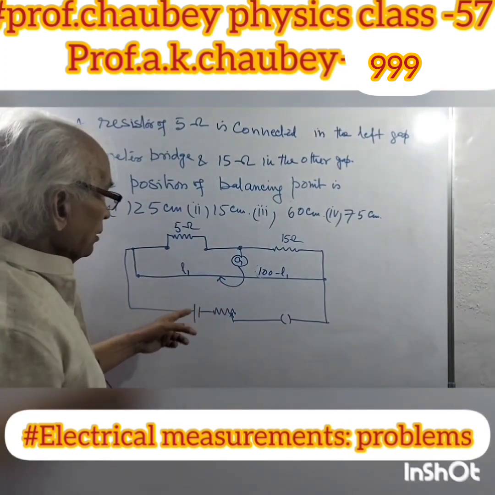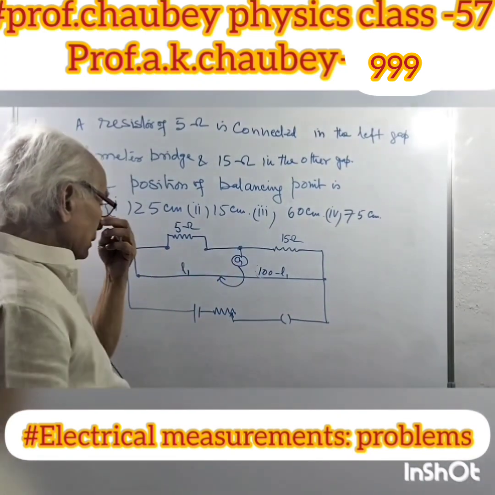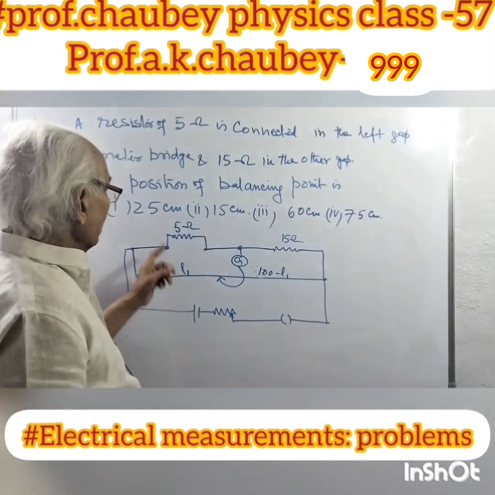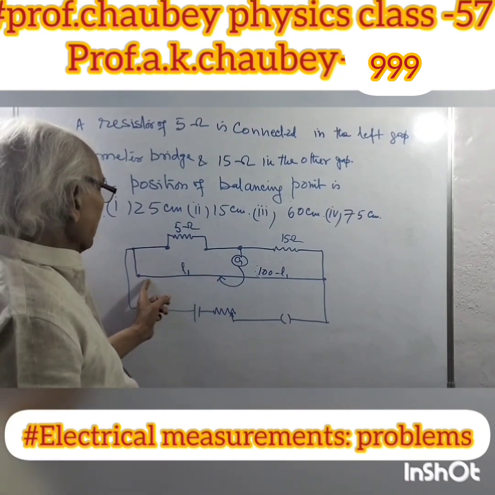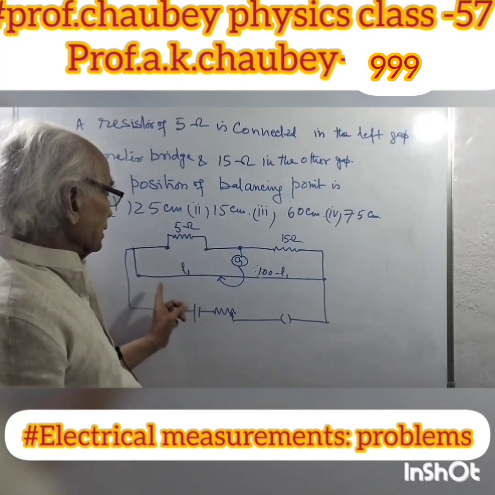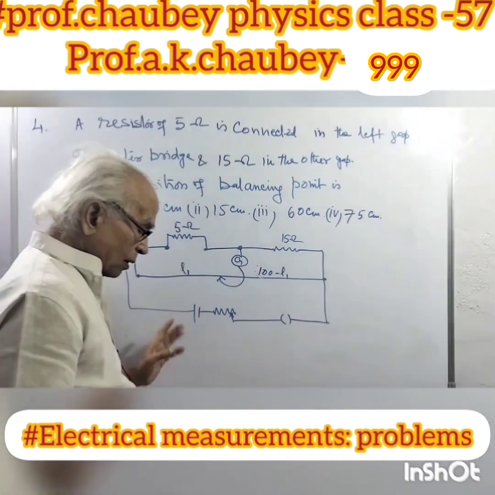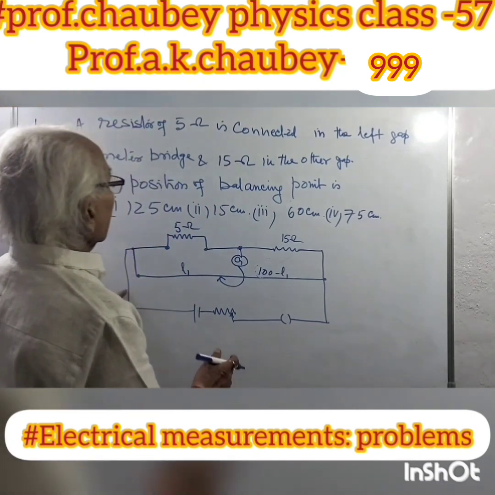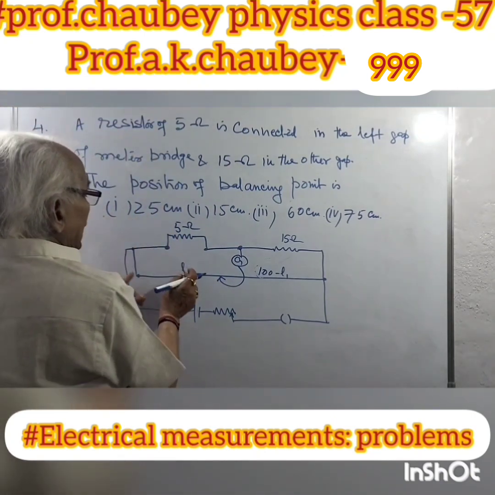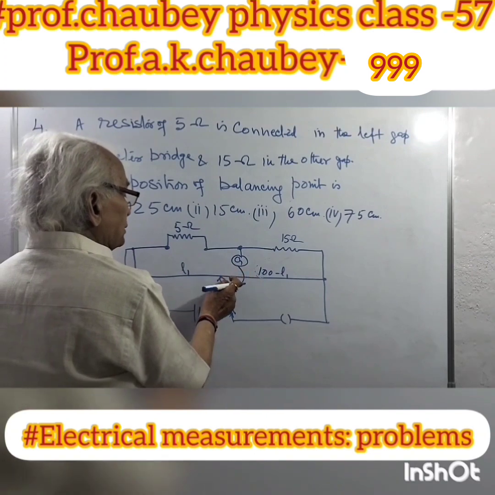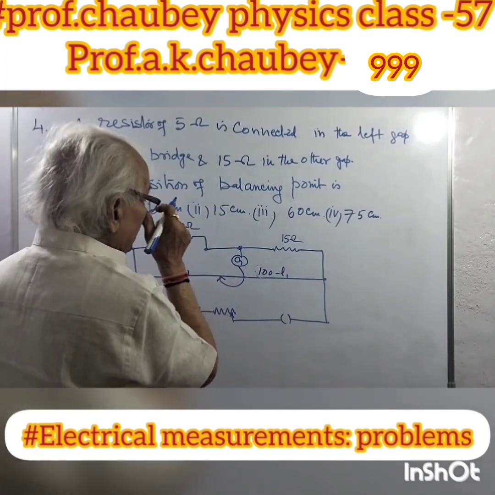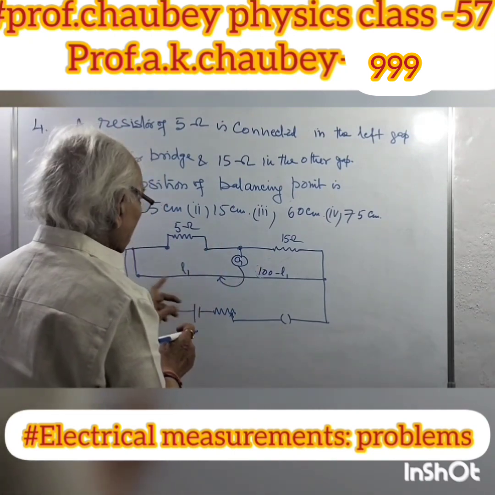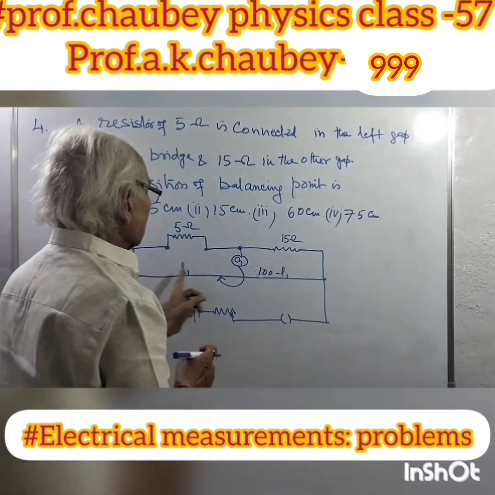Now they are asking where the null point will be. There are four answers: 25 centimeters from here, or 15 centimeters, or 60, or 75. Where will it be? We have to see. But remember that L1 and L2 will be proportional to the resistors.